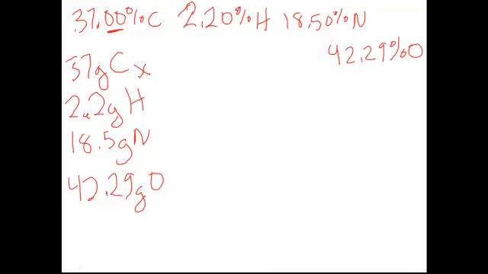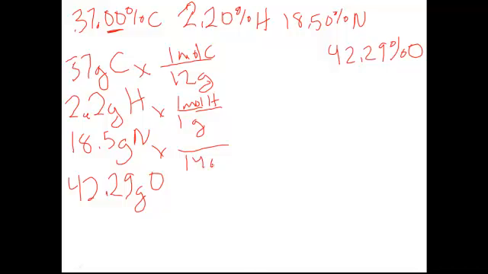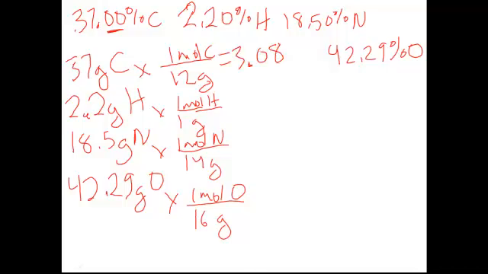Now we're going to go mass to moles. So 12 grams in 1 mole of carbon, 1 gram in 1 mole of hydrogen, 14 grams in 1 mole of nitrogen, and 16 grams in 1 mole of oxygen. So now I need to go to my calculator. 37 divided by 12 equals 3.08 moles of carbon.